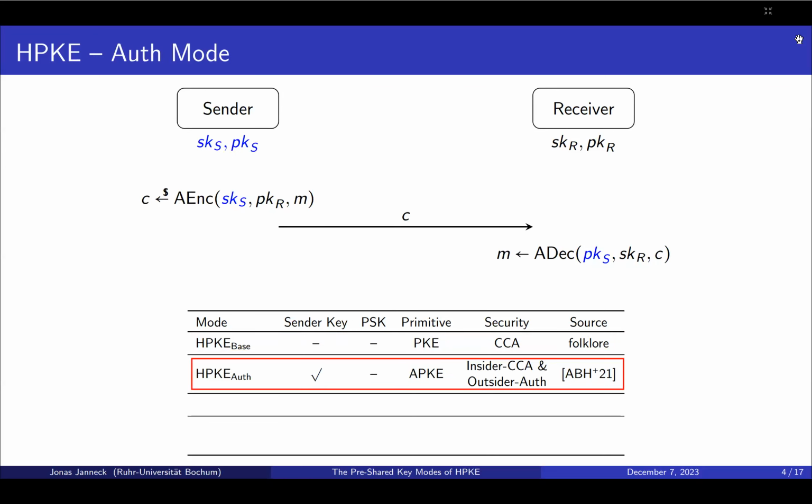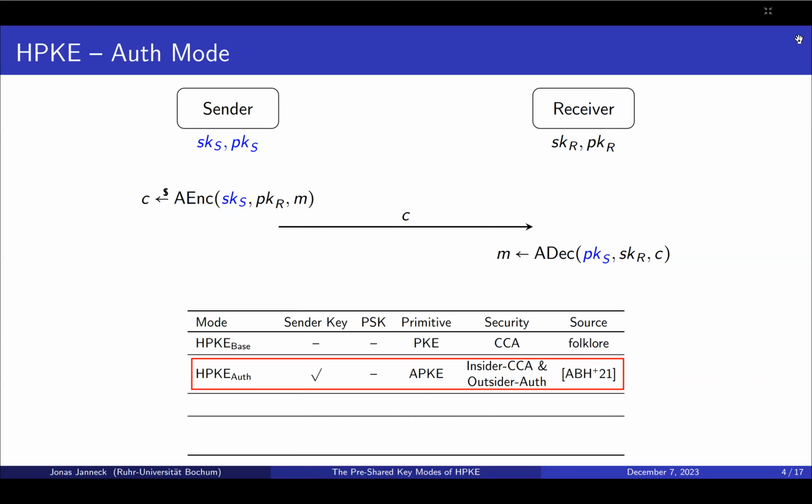For the second mode, the authentication mode, here we have in addition an authentication from the sender, so that the sender has its own secret key and public key and encrypts the message. The sender uses the secret key to authenticate to the receiver, and the receiver can verify this with the public key of the sender.